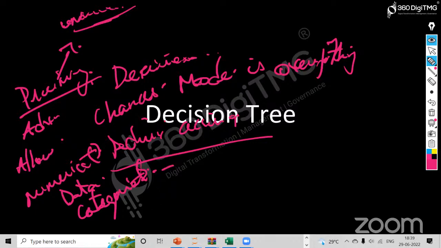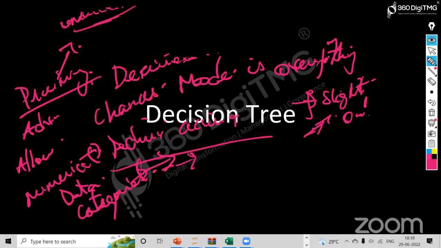And non-linear relationships between parameters will not have any kind of effect on the result, basically. And even if there is a slight disruption in the data, or slight variation, it will have an impact on the outcome. That is evident.